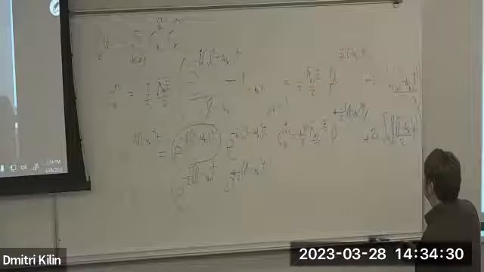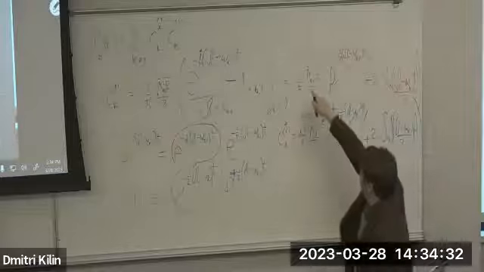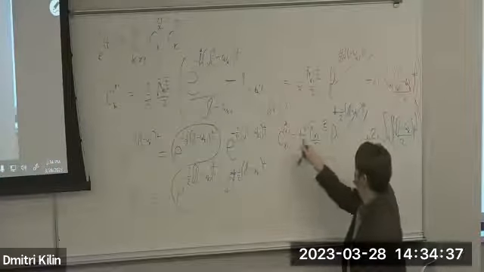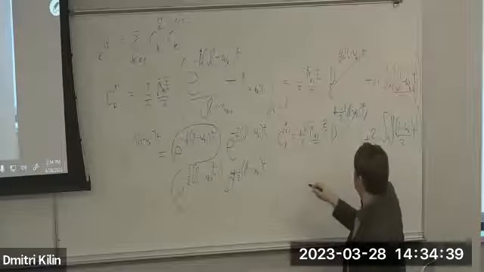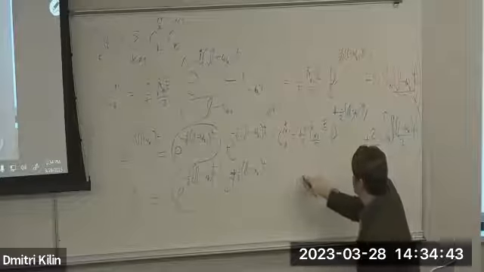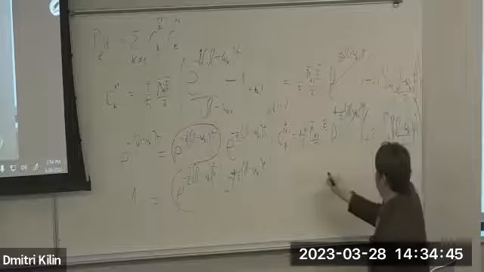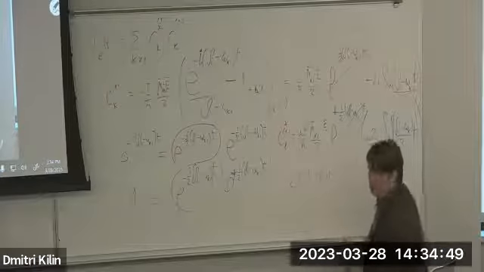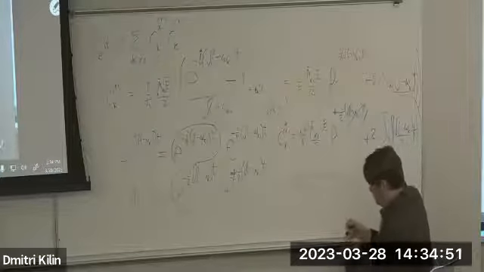And then i times i will be -1, times -1, minus another minus, and i times i is -1. So it's -1 to the 4th power, which will be 1. So luckily we have a positive thing.